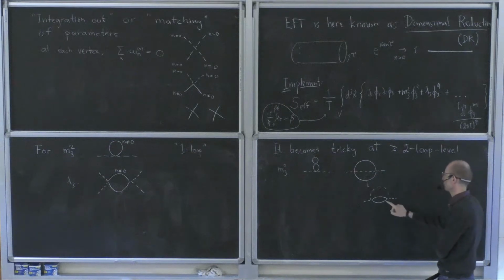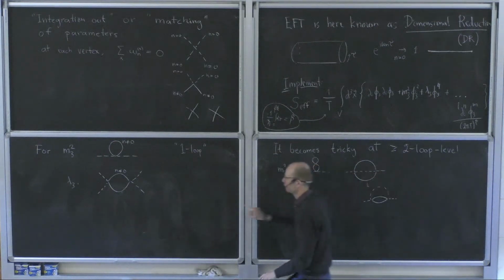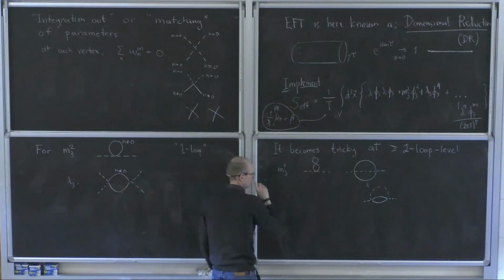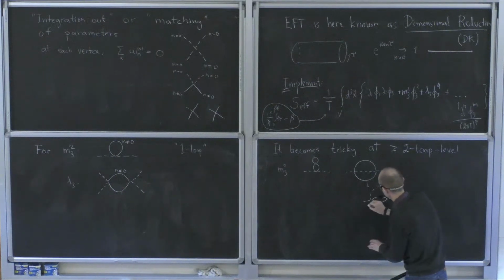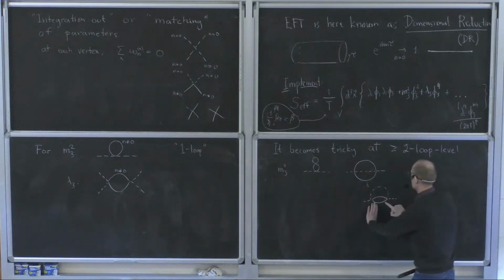Well, it's different because now I could say, wait, this looks like this. I could say that perhaps I have already accounted for this, because after all, I already computed this loop.